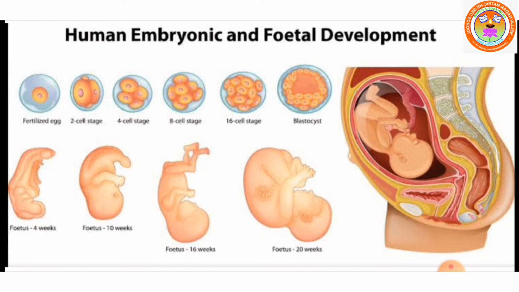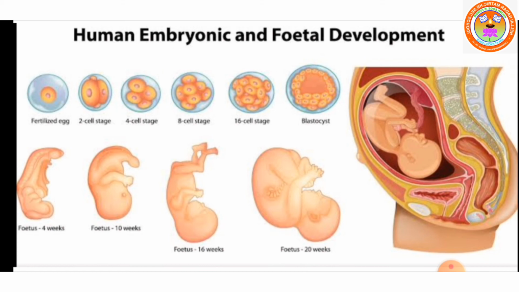The ectoderm gives rise to the central nervous tissue, brain and spinal cord, peripheral nervous tissue, epidermis and its derivatives, and mammary gland. Mesoderm gives rise to the connective tissue, cartilage and bone, muscles, organs of urinogenital system, kidney, ureter and gonads. The endodermal derivatives are epithelium of gastrointestinal and respiratory tract, liver, pancreas, thyroid and parathyroid. So this is about organogenesis.